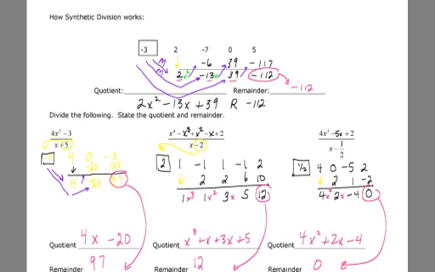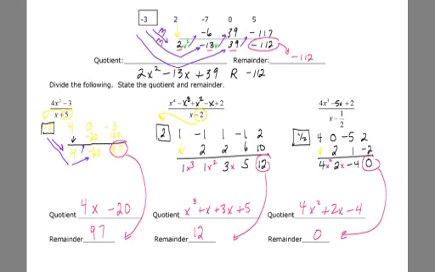Square, x, constant. Now in the book they may give you some answers, and even in the exercises when you're working in Course Compass, where they'll write the remainder. Instead of writing it like in this one as a 97, they might write the answer as 4x minus 20 plus 97 over x plus 5.